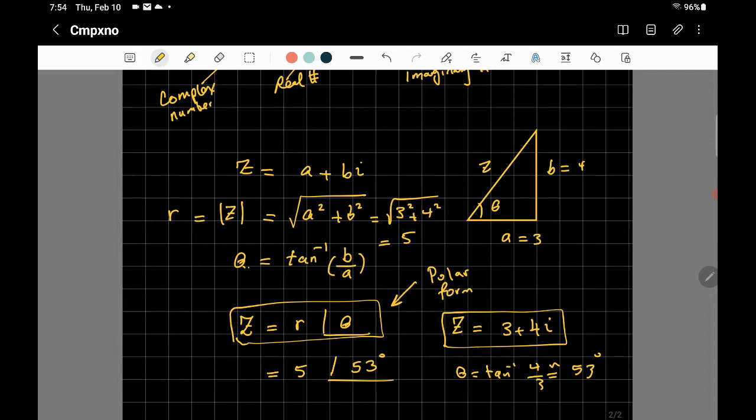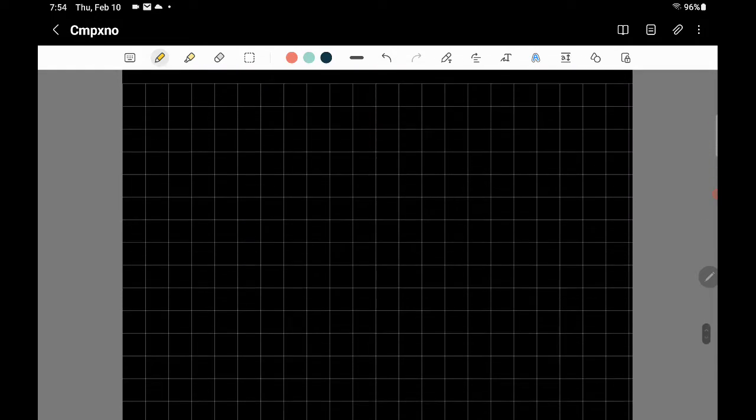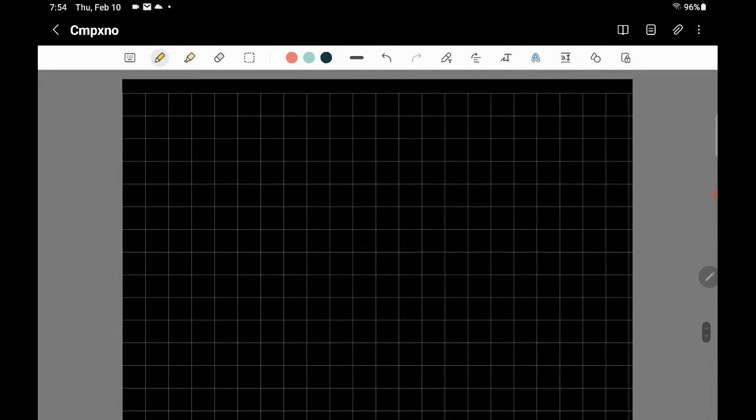So let's just do a summary of what we did. Z is equal to A plus Bi. That's the complex number represented in rectangular form. And by the way, in some textbooks it will be written like A plus jB, both are fine.